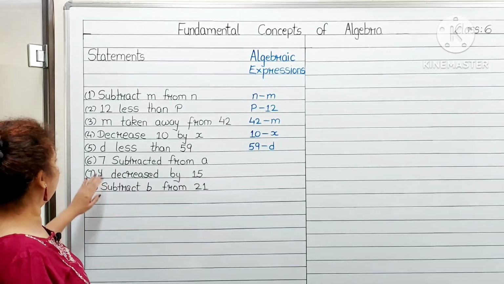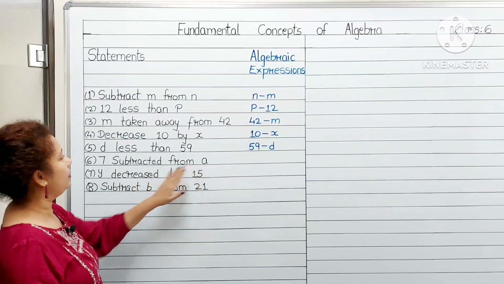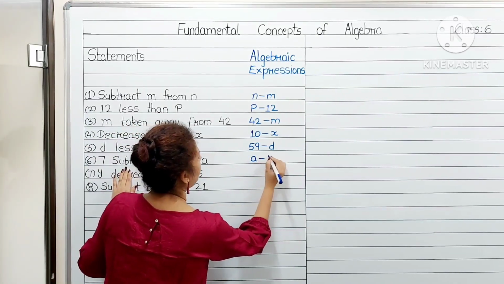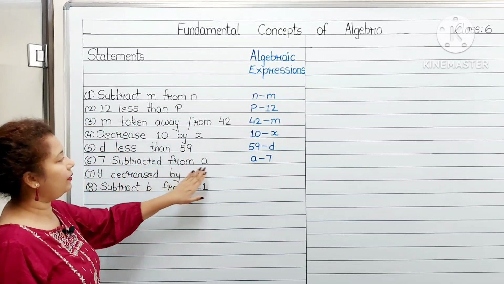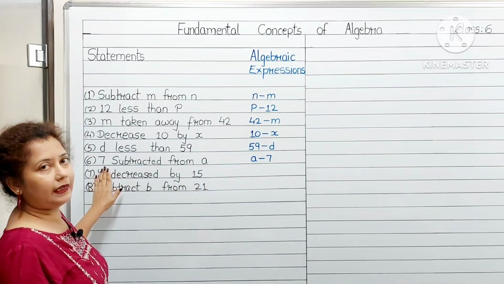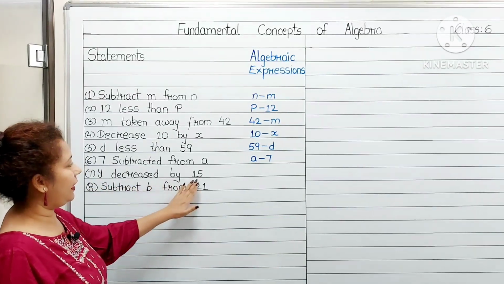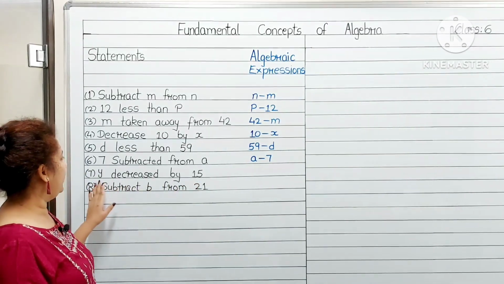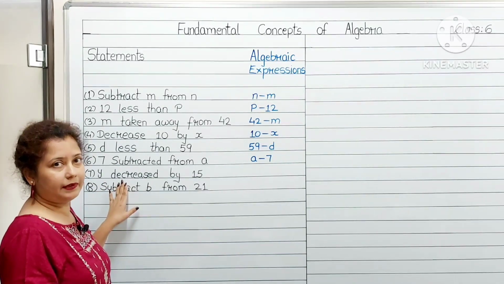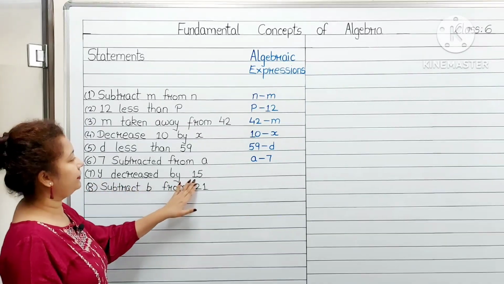7 subtracted from a. So here a minus 7, because from a, so first we will write a and we will subtract 7 from it. y decreased by 15. So here the word decreased is there, that means we have to subtract or minus. y decreased by 15.